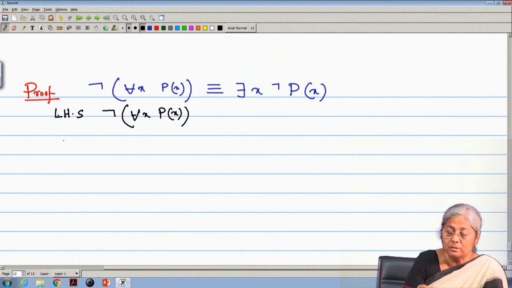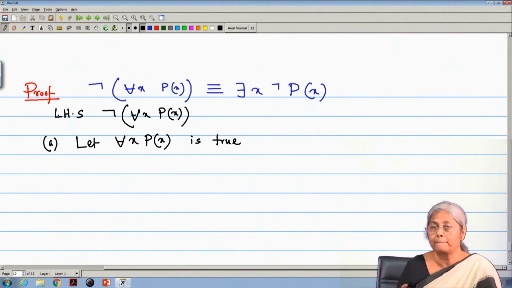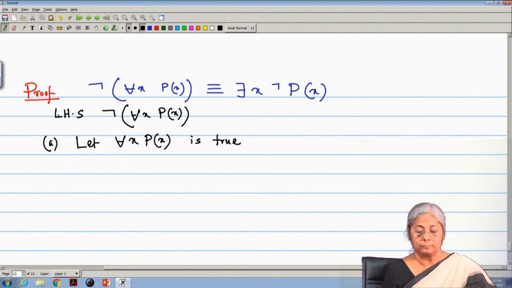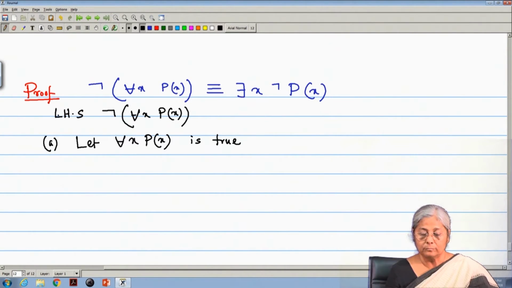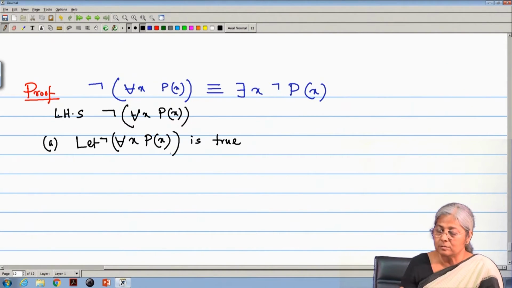So, first we consider the case that the negation of for all x p x is true.